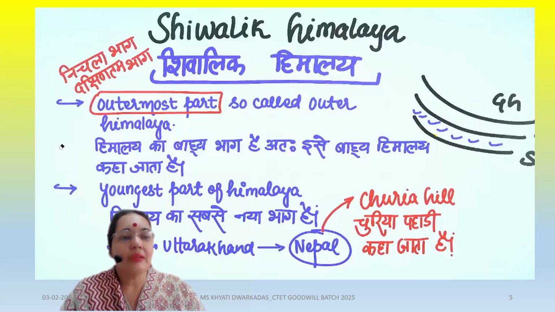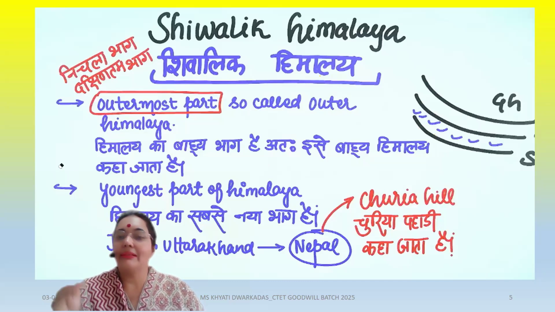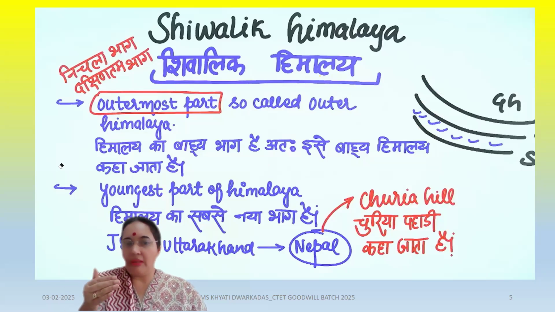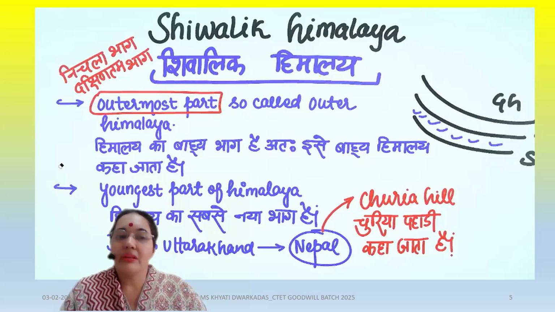Now, when we talk about these ranges, they are the bottommost part of the Himalayas. You can see it here. And they are also the outermost part, so they're called the outer Himalayas. They are also the youngest part of the Himalayan range. They are visible in Jharkhand and Uttarakhand and part of Nepal.